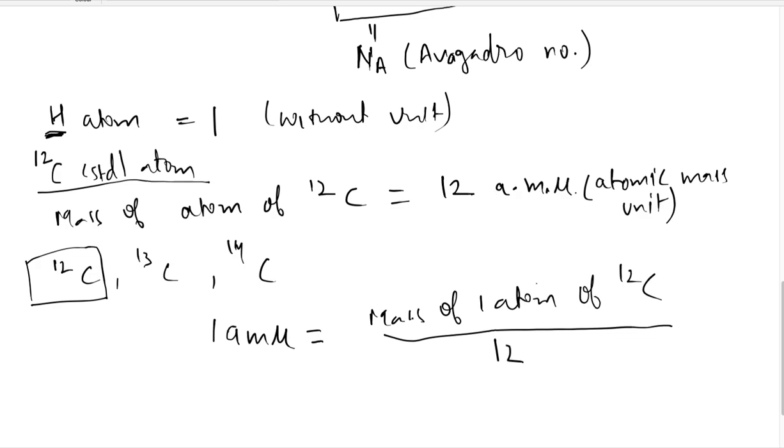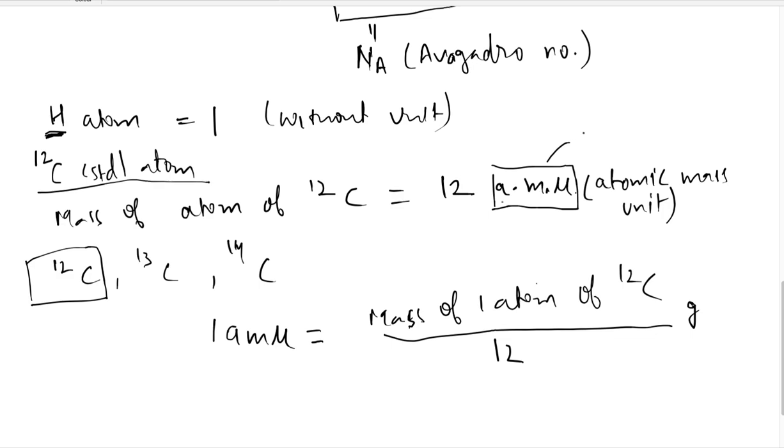Okay, so if I know the mass of one atom of carbon and I divide by 12, I can easily find the value of 1 AMU. Of course, this is in gram.